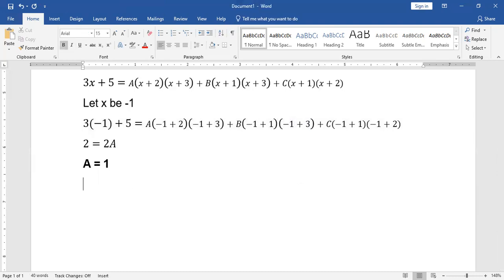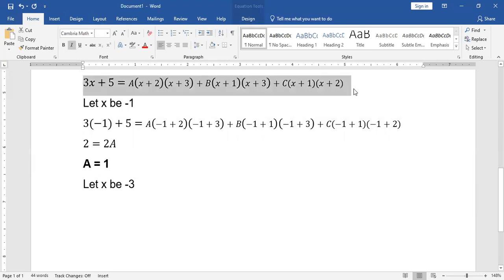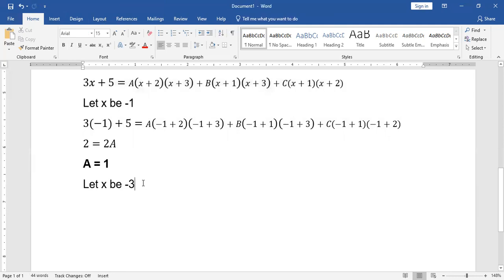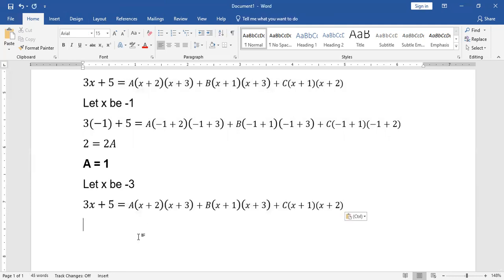Okay. So let X be -3. Let x be negative 3. Let's see if we throw it in that expression. What will it be? Here we are.